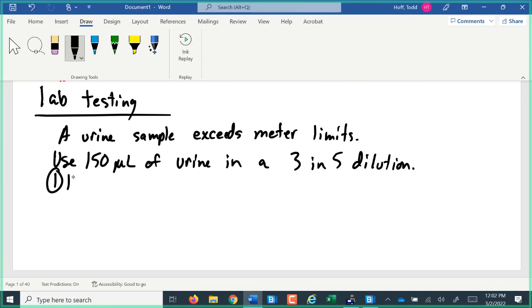First thing I'm going to ask is how much normal saline should be used to dilute it.